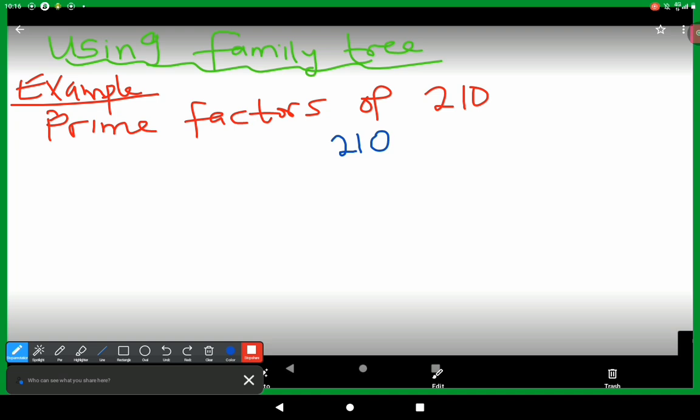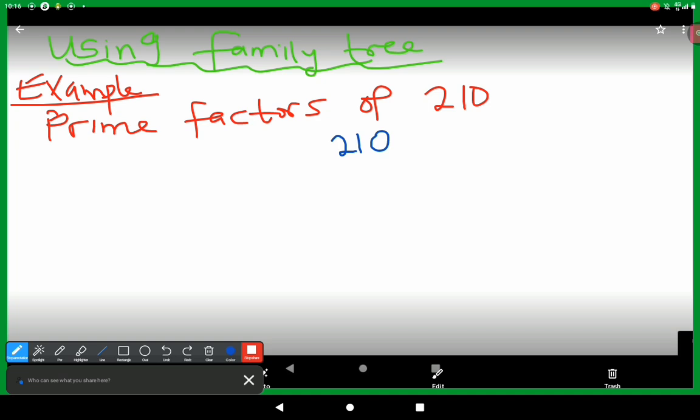The product of 210 could be, if I do 3 times 7, that is 21. So I can do 30 times 7. That will give me 210. And if I do 21 times 10, it is also 210. So I might have different ways of getting my 210. Just pick one out of the different ways that you have.